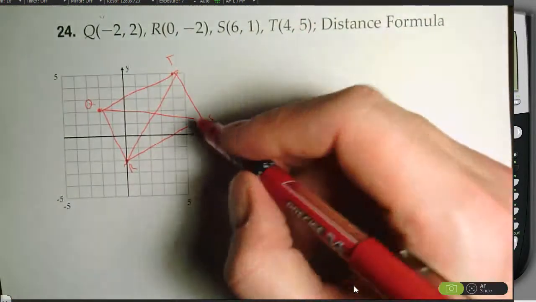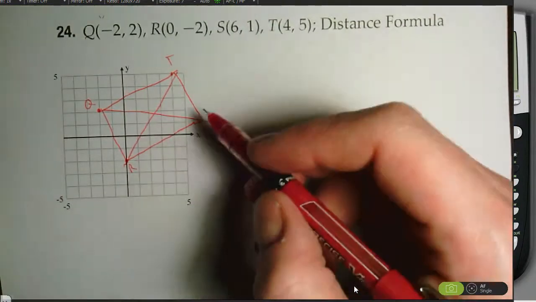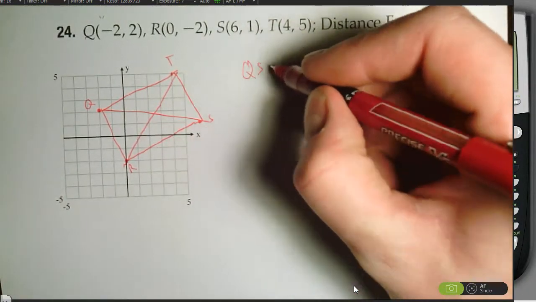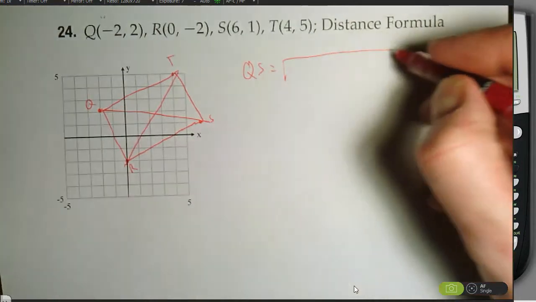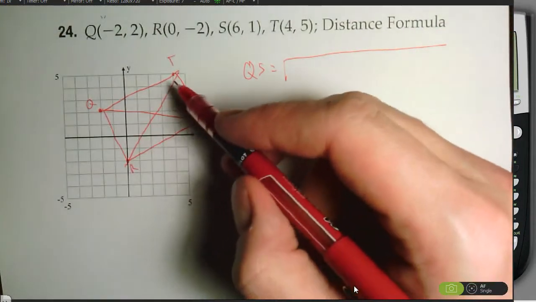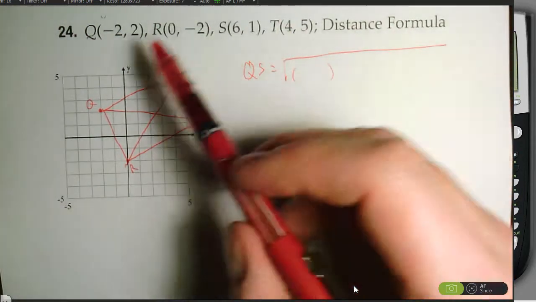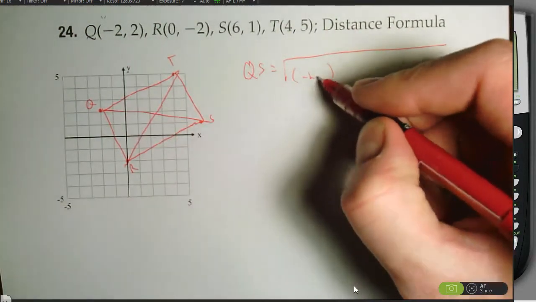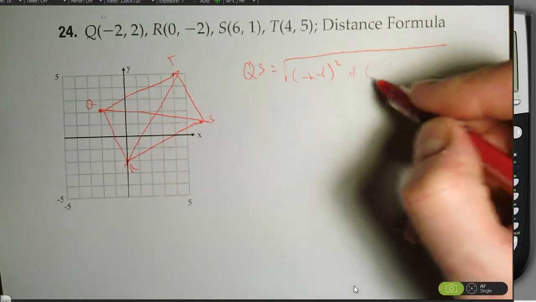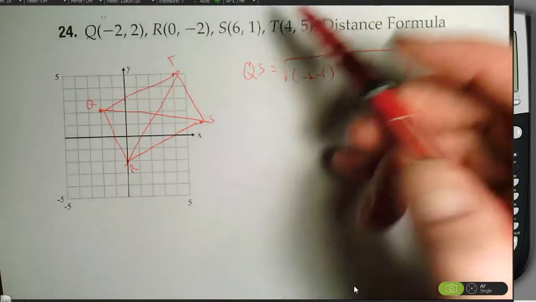So in our case, our two diagonals are QS and RT. So distance formula is the square root of x minus x squared plus y minus y squared. So for QS, it's negative 2 minus 6, and then y minus y is 2 minus 1.